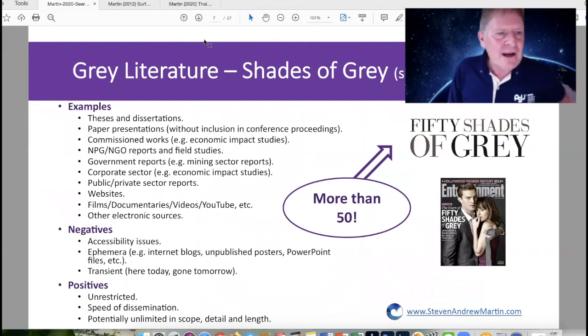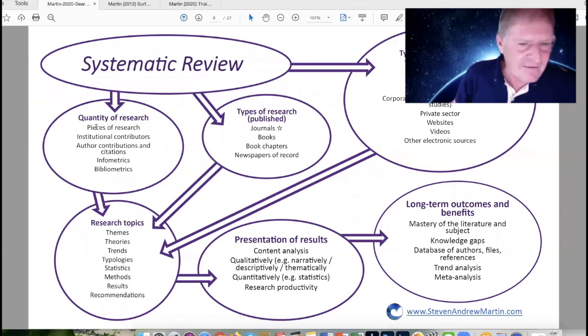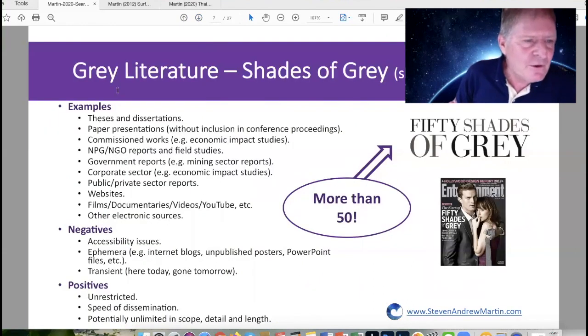Okay, so I want to jump into a sidebar. I've already made it clear that this is where the heavy stuff is, right? But when we do systematic review, we really have to think, depending upon the field of study, are we going to open up the gray literature? Are we going to go there?